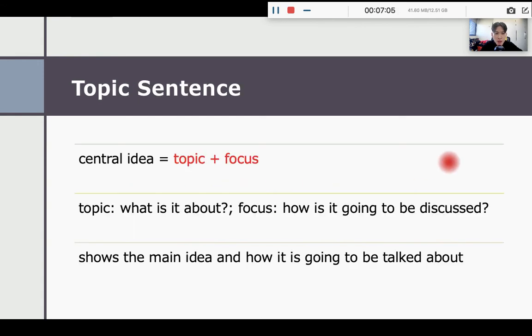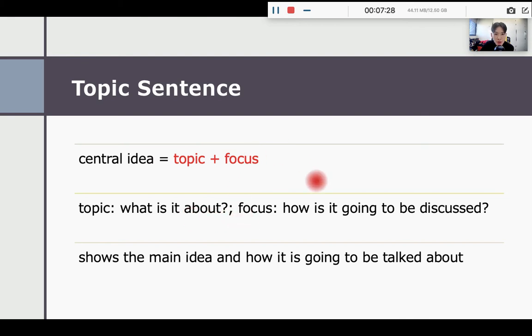The first component is the topic sentence. The topic sentence tells the reader the central idea of a paragraph. And to be specific, it is formed of a topic and a focus. So for the topic portion, it basically answers this question, what is it about?